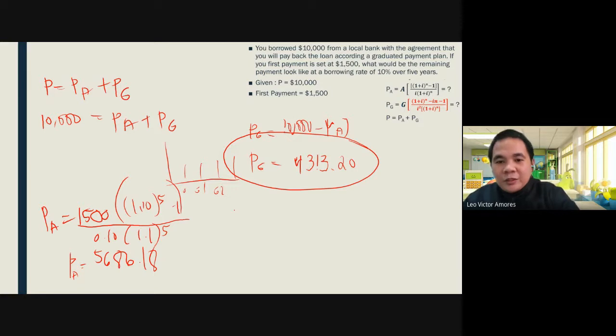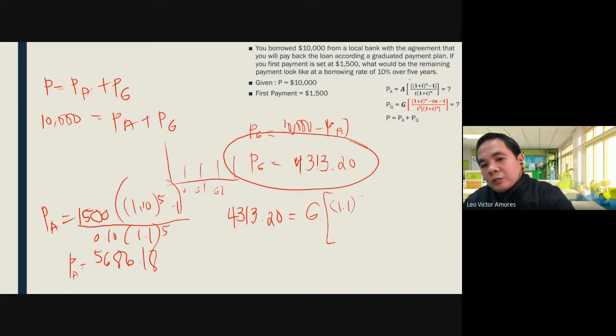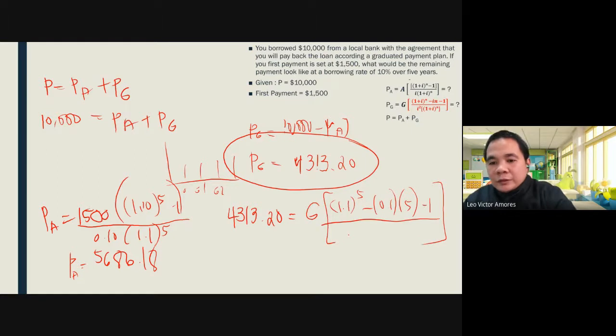So, your P of G is equal to 4313.20, equal to G times what we are looking for: (1.1 to the exponent 5 minus 0.1 times 5 minus 1) divided by (0.1 squared times 1.1 to the exponent of 5). Solve for G.